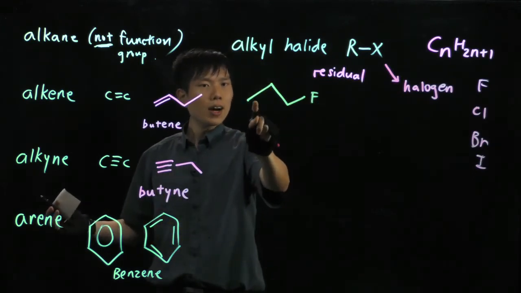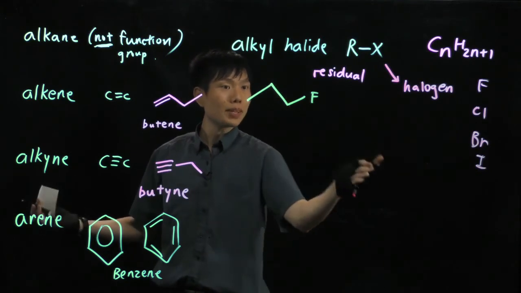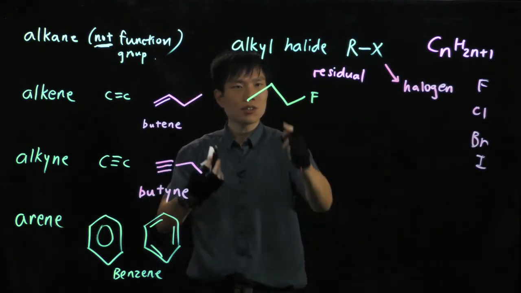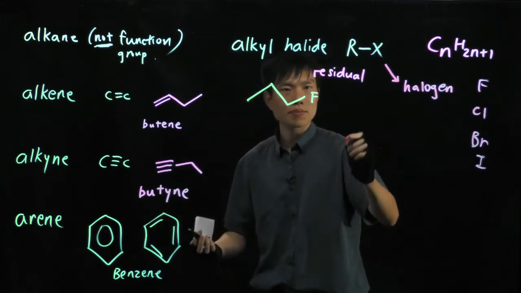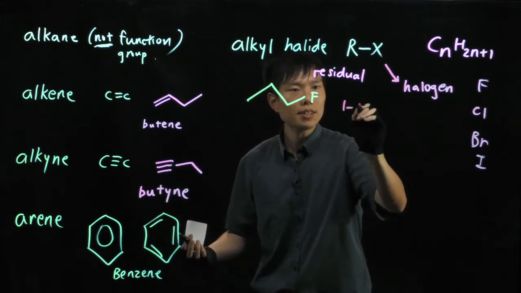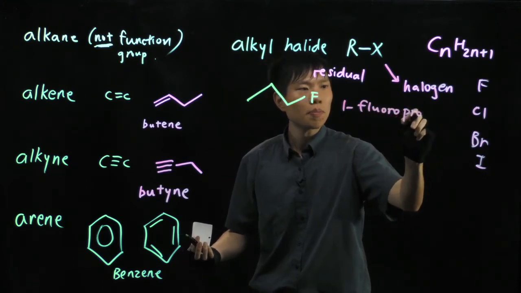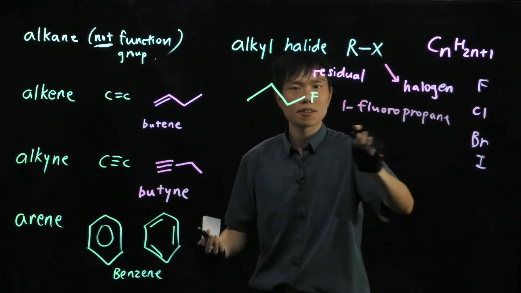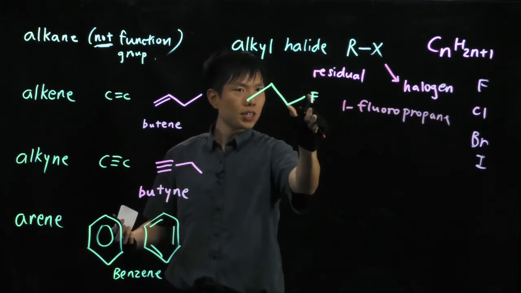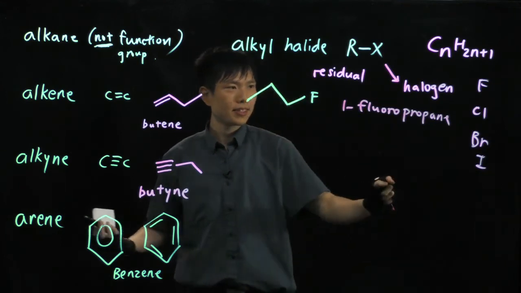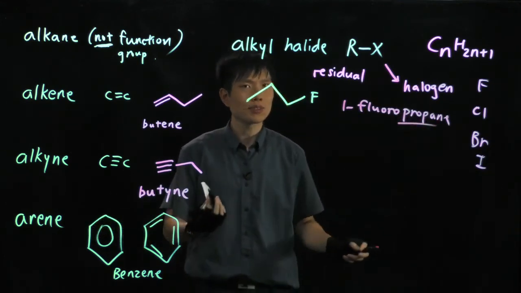In total here, there are 1, 2, 3 carbon atoms, and the last carbon connects to a fluorine atom. So the name for this would be 1-fluoropropane. At the first position, 1-fluoropropane. Cool? In total, 3 carbon atoms.